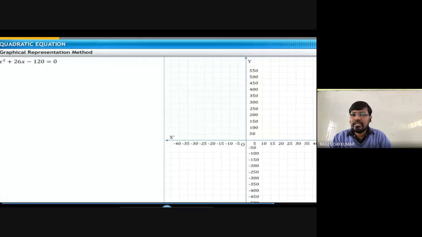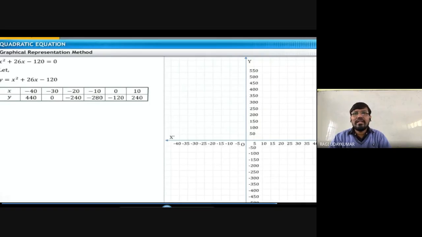In a quadratic equation, you consider the quadratic polynomial as y, and x and y values are to be taken into consideration. Assume x values like minus 40, minus 30, and so on, and we get the y values, the points.